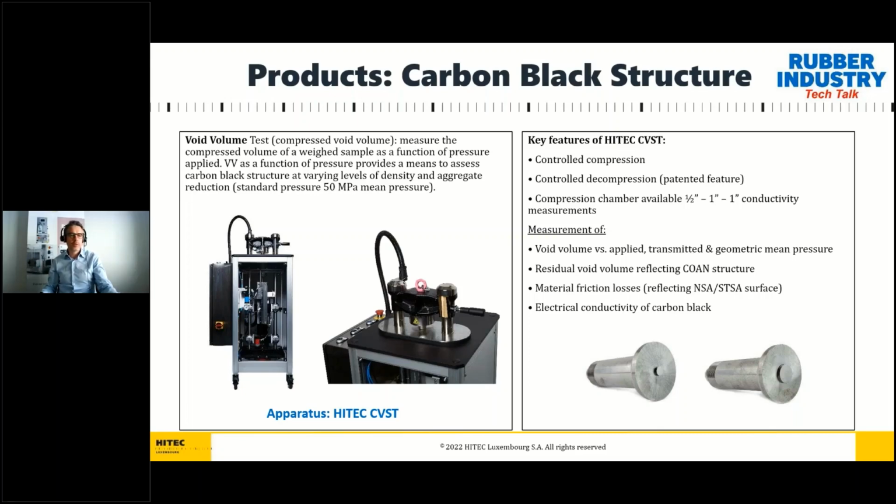And with a special option, you can also measure the electrical conductivity of carbon black, which is really interesting for carbon black producers who are also operating in the battery business. It's not really interesting for rubber, but for the battery business it is quite interesting. Also, tire producers are interested in this feature, I must say.